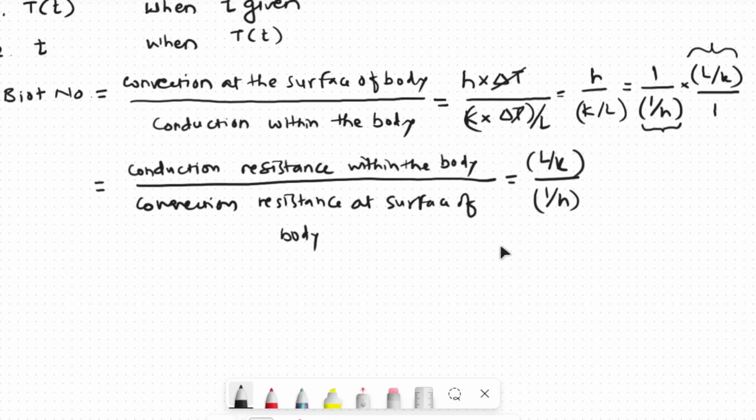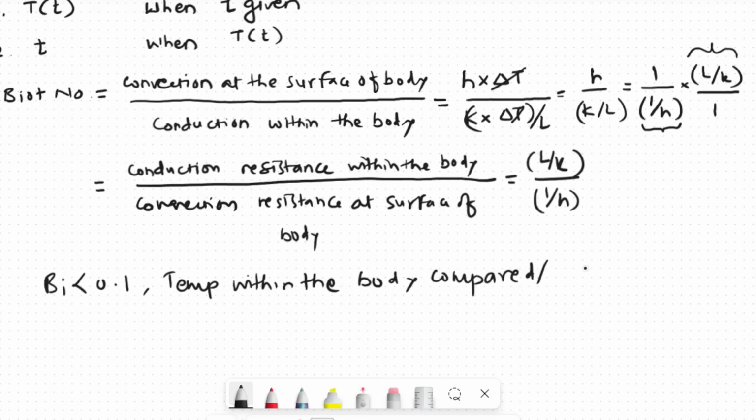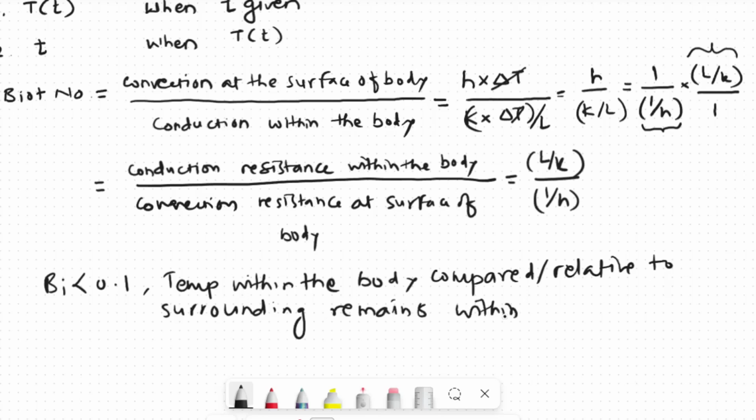So now using this Biot number, if the value of Biot number is less than 0.1, we can say that the temperature within the body, relative to the surrounding, remains within 5% of each other.